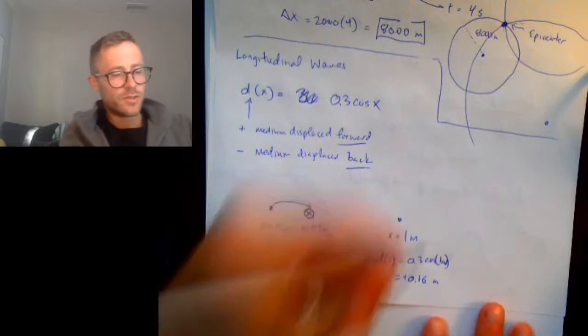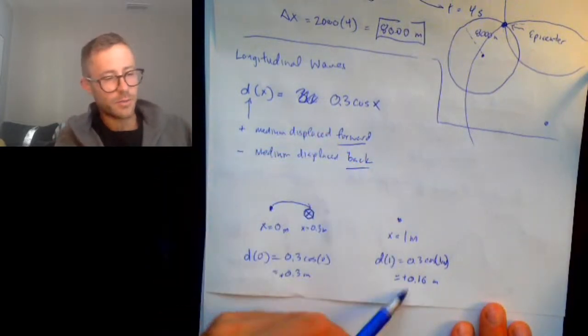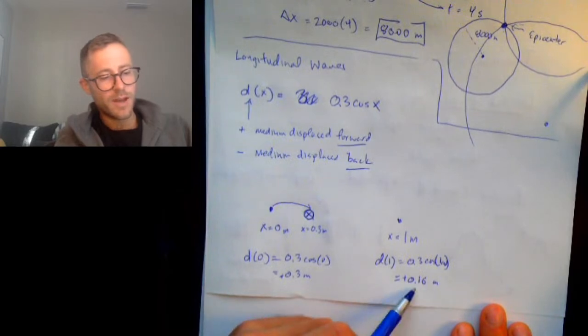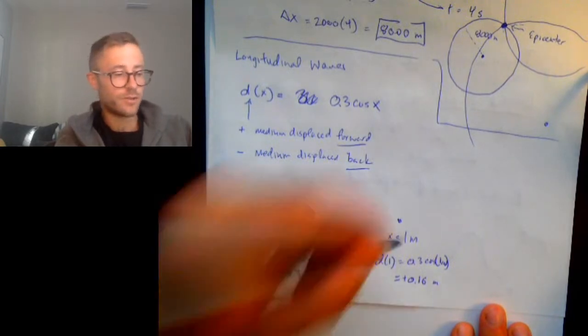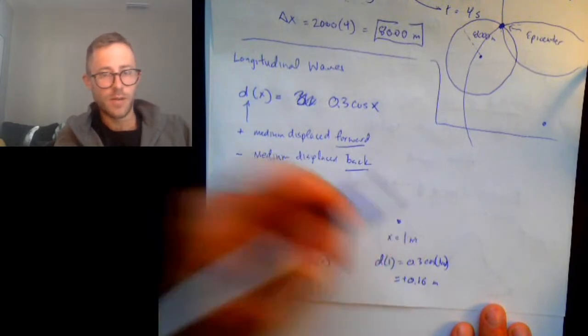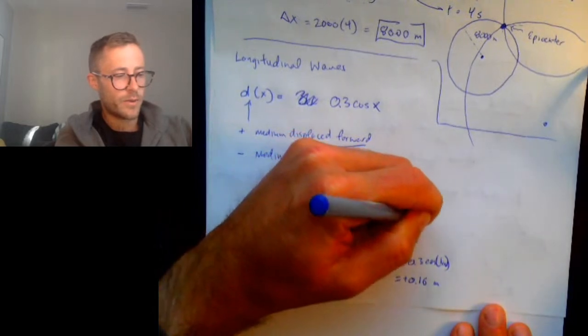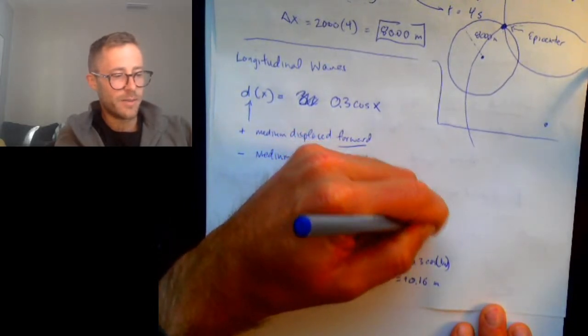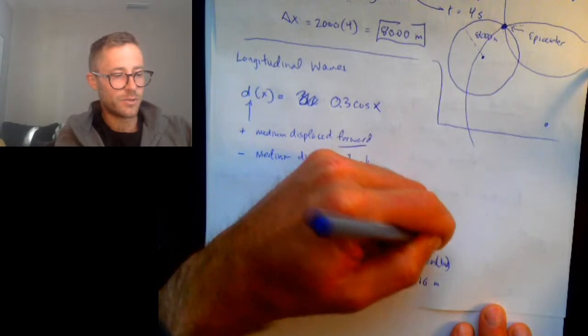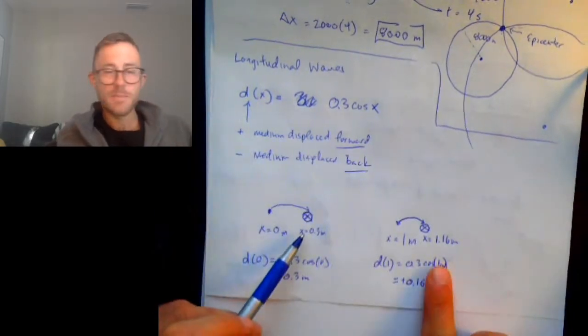So that means that this part of the medium got displaced forward by 0.16 meters. So if we take 1 meter and we displace it forward by 0.16, it is now going to end up at x equals 1.16 meters. Okay?